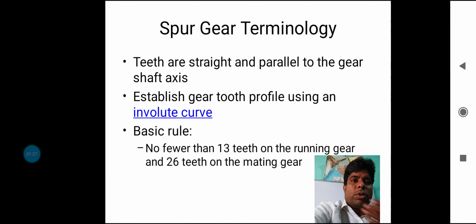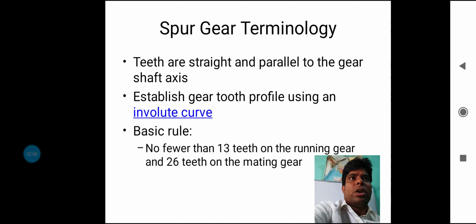Second, establish the gear tooth profile using an involute curve. Under some certain circumstances the involute profile of mating teeth overlap. That leads to undercutting, weakening the base of the teeth and reducing the beam strength.